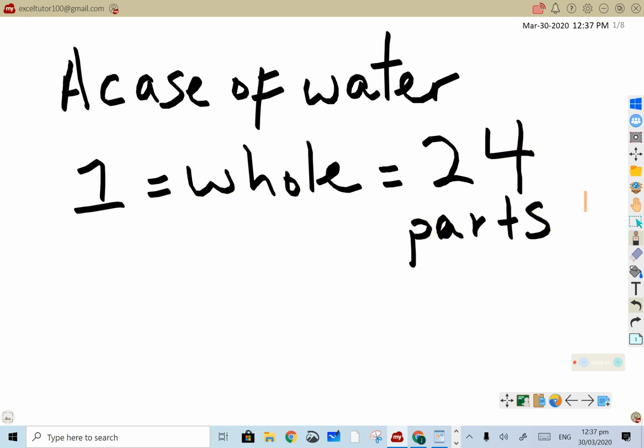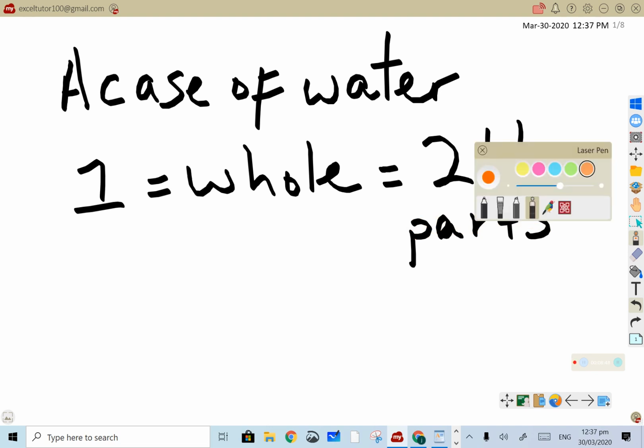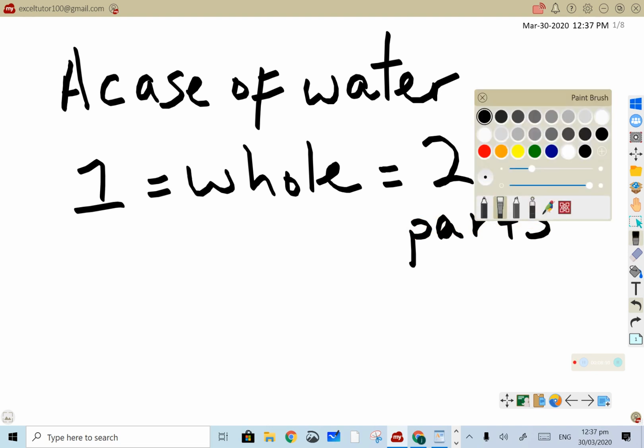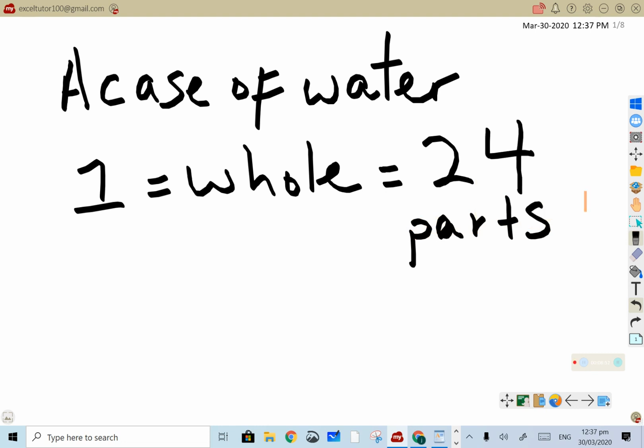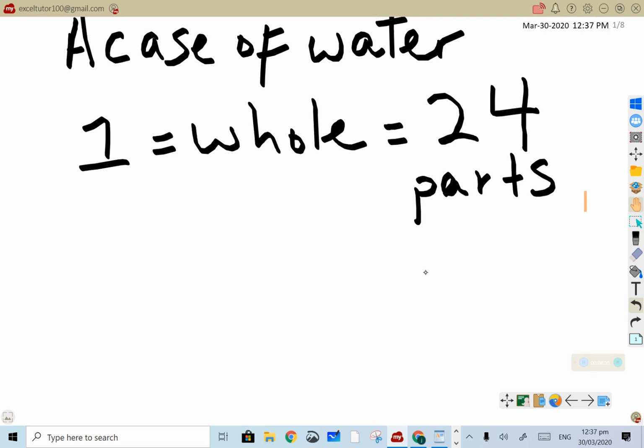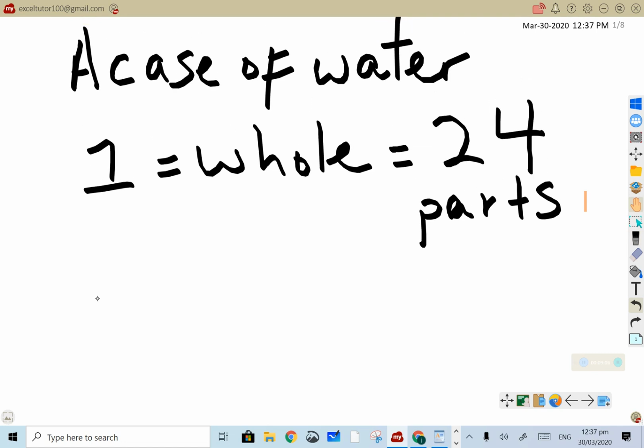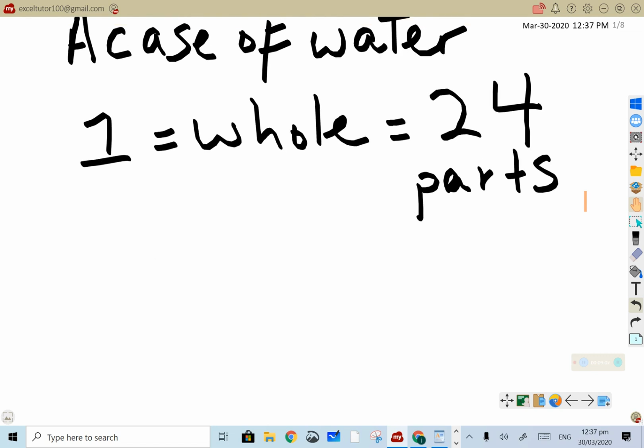Alright? Now supposedly, you have that case of water in your kitchen, or wherever you keep it. So we have this case of water, and if you go and look at it, we're going to separate it into parts. Now it is still a whole, the 24 parts, but we're indicating different things that it represents.